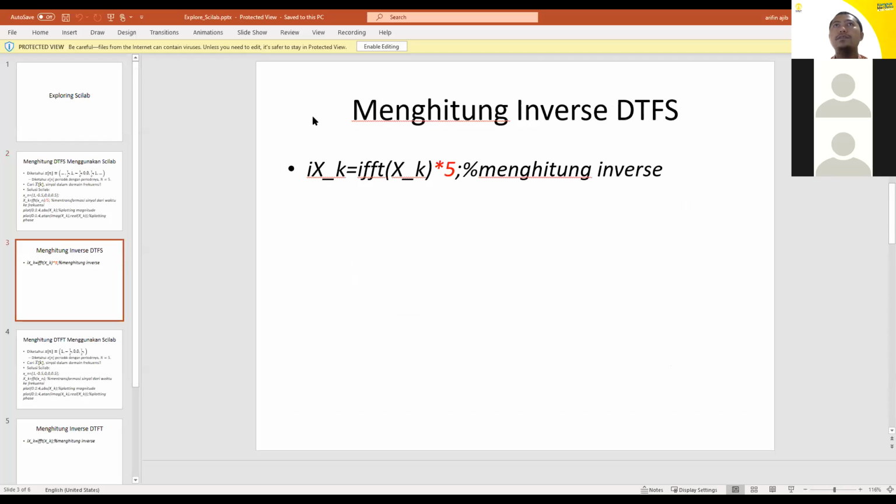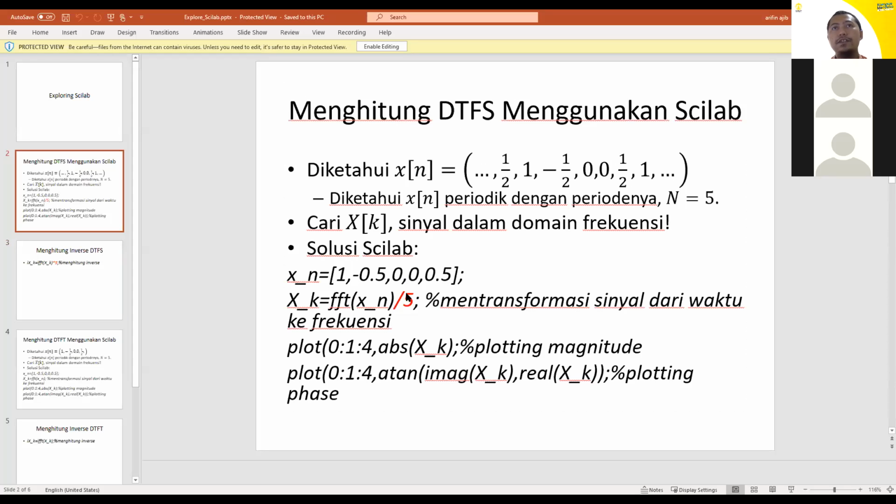Okay, you can see now how to inverse. Inverse is very simple. It's just using IFFT, FFT multiplied by 5. Why is this multiplied? Because at first we divided by 5.